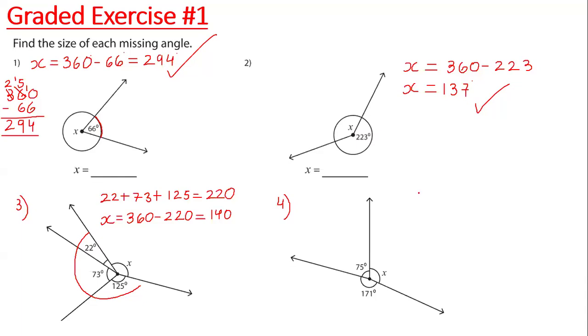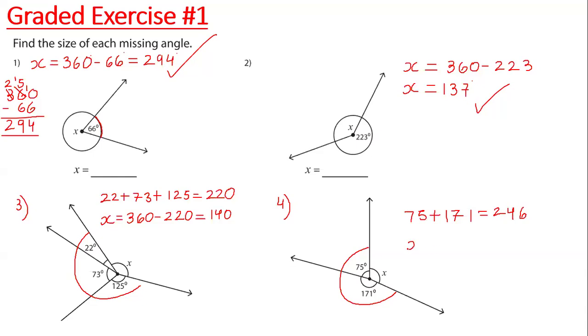Number 4, we have to add 75 and 171. 75 plus 171 equals 246. I got 246. Ms. Morris said 246.